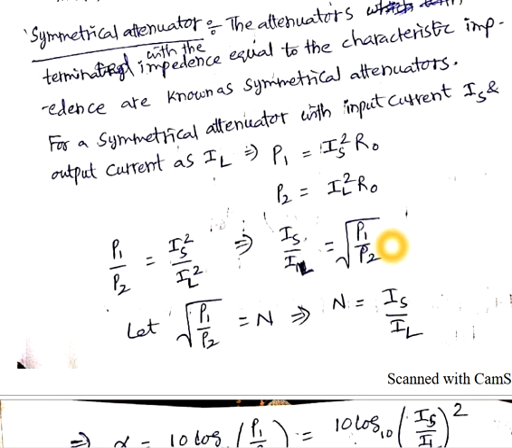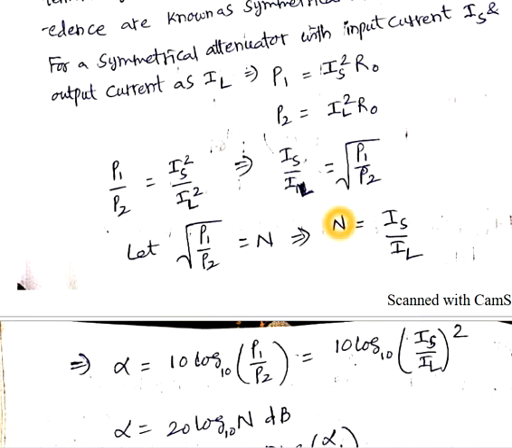Suppose I have to take one single variable from these two variables; let us consider the square root of P1 by P2 is equal to capital N. You just consider it as a single variable for simplicity.